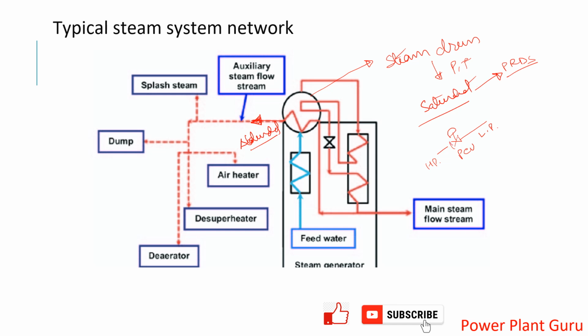Once you do this throttling, where the enthalpy remains the same, on this side the temperature will increase and the pressure will drop.